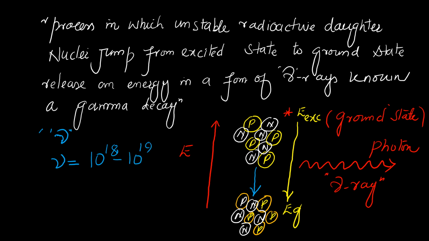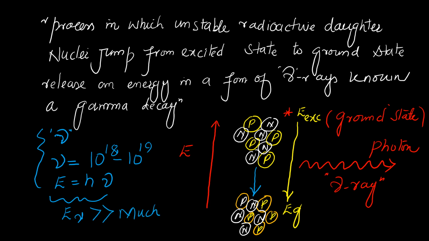Since E is equal to h nu, this means that the energy of the gamma rays is very large. Usually the energy of gamma rays is in the range of 100 kilo electron volts to a few mega electron volts. This is a huge amount of energy. So during nuclear de-excitation, a huge amount of energy in the form of gamma rays is released.